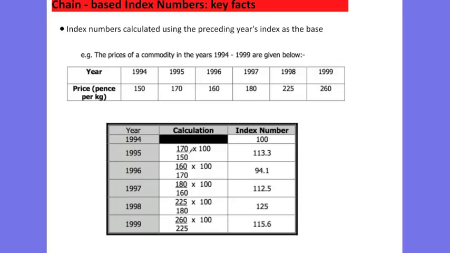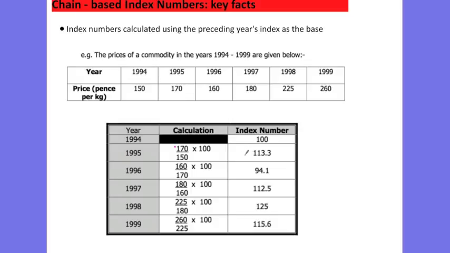Now, looking here, our calculation, we are taking our value for 1995, 170 here, and we are dividing by the preceding year, 150. Taking 170 divided by the preceding year, 1994, and multiplying by 100 to give us our new index number.